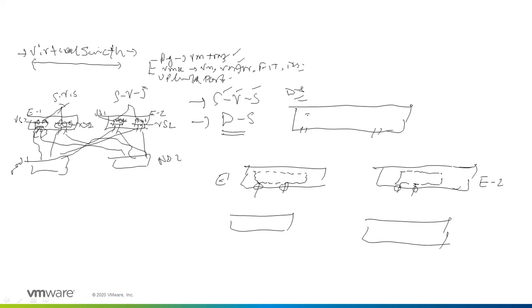Okay, so if I need to create any port group, I have to create it on the DV switch. That port group will be automatically visible to your ESXi host whenever you are creating a virtual machine and assigning it.